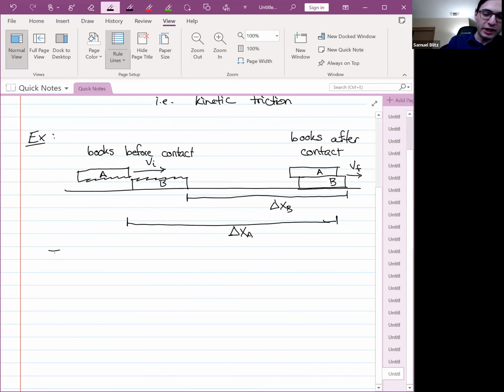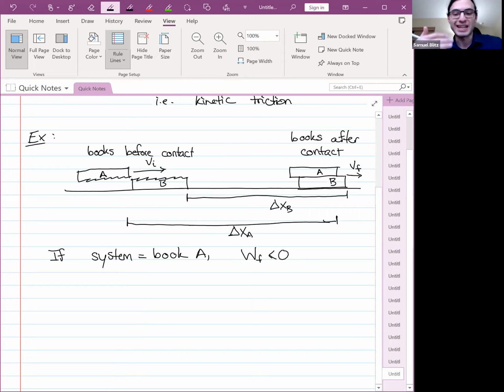So if we only consider the system to be book A, then the work that the friction force does on book A is negative. The way you can see this is by using the work energy theorem, right? Book A is going to slow down a little bit, so the kinetic energy decreases, i.e. delta KE is negative.